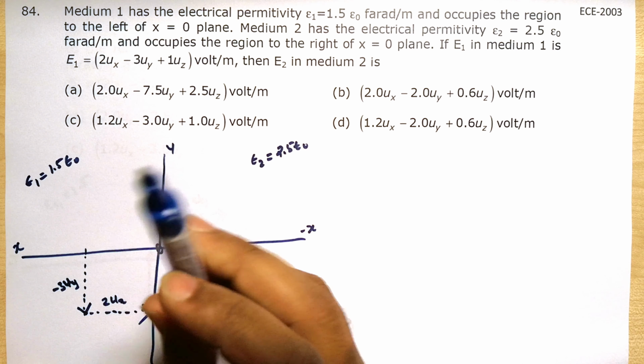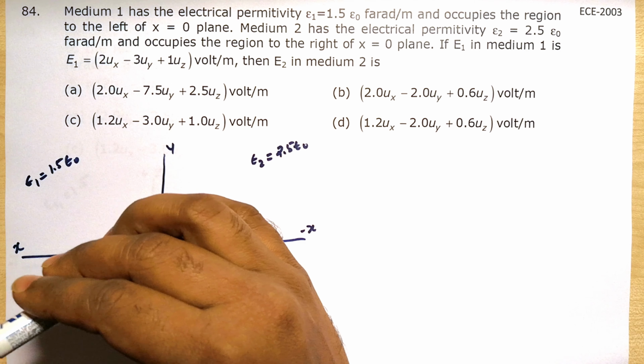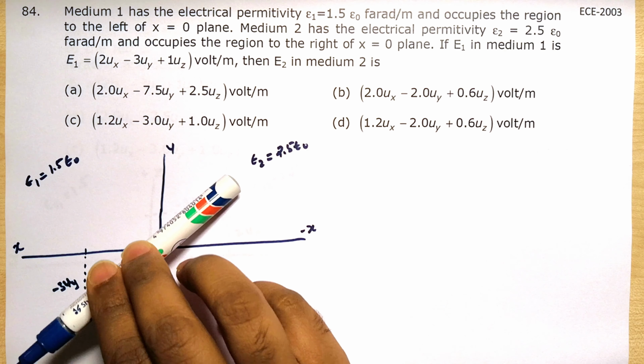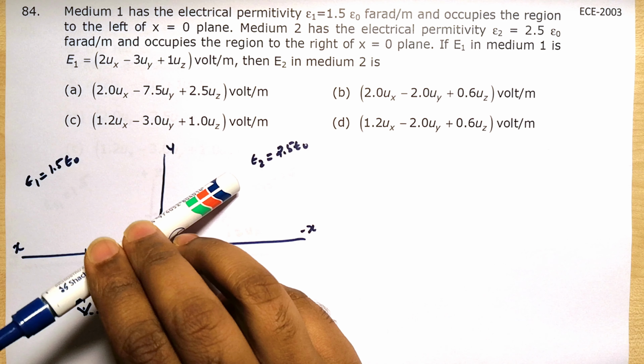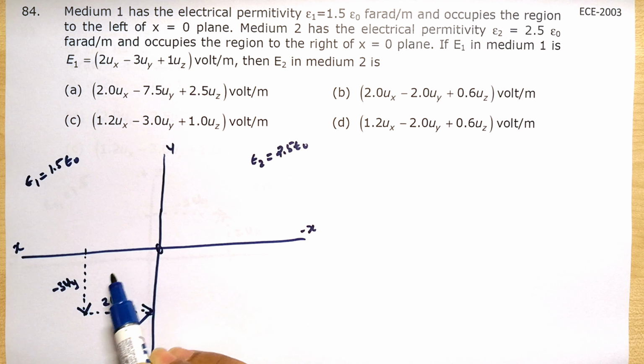And z is in the positive z direction, so this vector is standing something like this, with z being one unit in this direction. The vector is standing somewhere like this in the three-dimensional case.